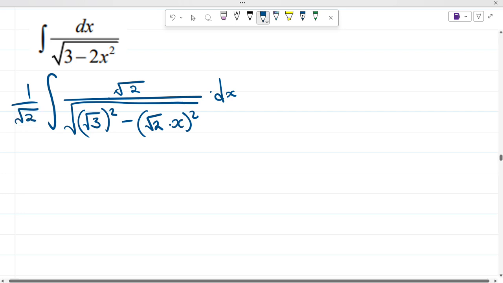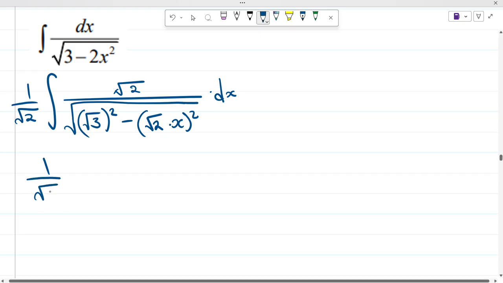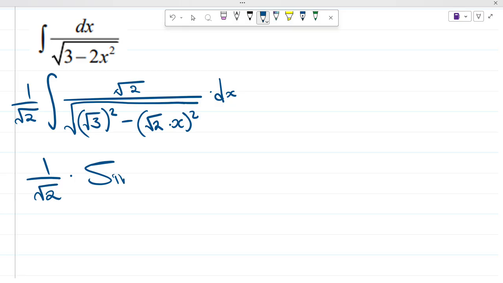So root 2 and root 2 will cancel out, and then at the end of the day, you will be able to conclude that this is the sine inverse. The thing outside the integral, you should always just take it with you to your answer there. And then the one of sine inverse does not have 1 over a outside, so we just say sine inverse.